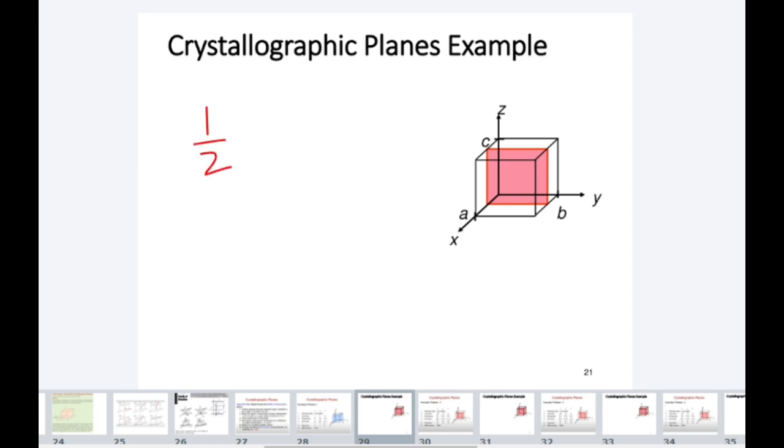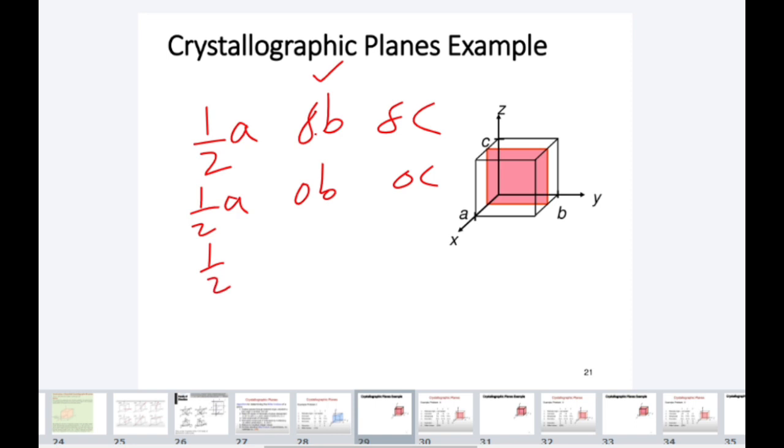So what points do we have? We have half A, infinity B and infinity C. So what will we do? We will get rid of the infinity, right? So half A, and this will be 0 B and 0 C. If we divide by A, B, C, it will be half, 0, 0.